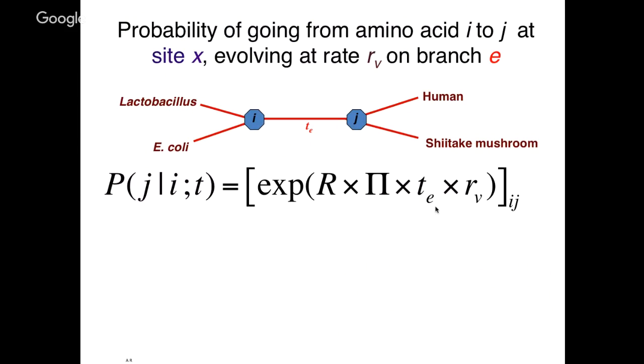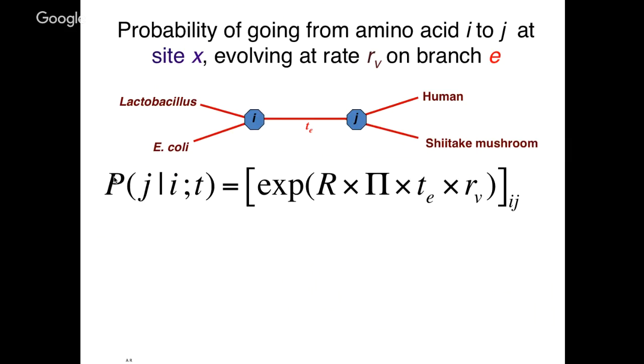So just shown in more precise form, this is the probability of being in state J, starting the branch in state I, over a given length of branch. We're going to call it length of T. So this is really the core of the single matrix type model approaches for phylogenetic estimation.